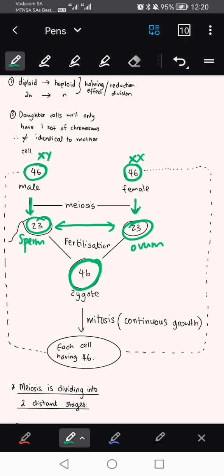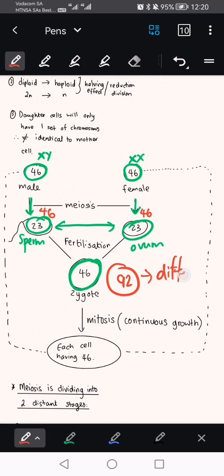Because if meiosis did not take place, it means that the sperm would have 46 and the ovum would have 46, which would mean that the zygote would have 92. And this is a completely different organism.